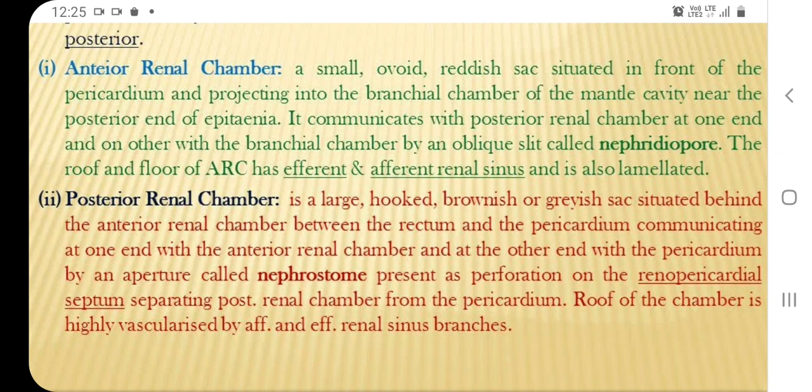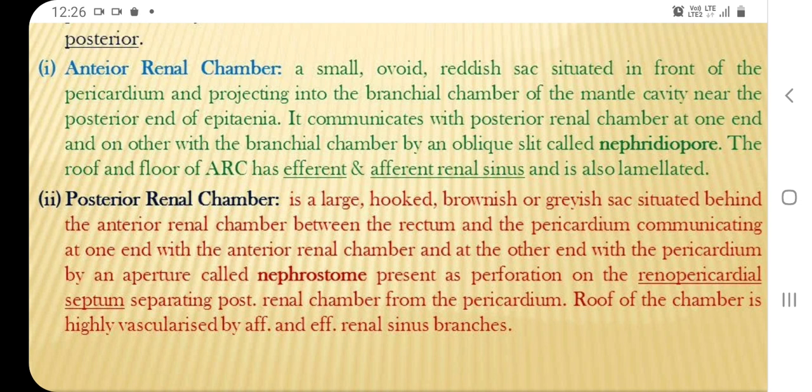Posterior renal chamber. It is a large, hooked, brownish or greyish sac situated behind the anterior renal chamber between the rectum and the pericardium, communicating at one end with the anterior renal chamber and at the other end with the pericardium by an aperture called the nephrostome, present as a perforation on the renopericardial septum, separating the posterior renal chamber from the pericardium.